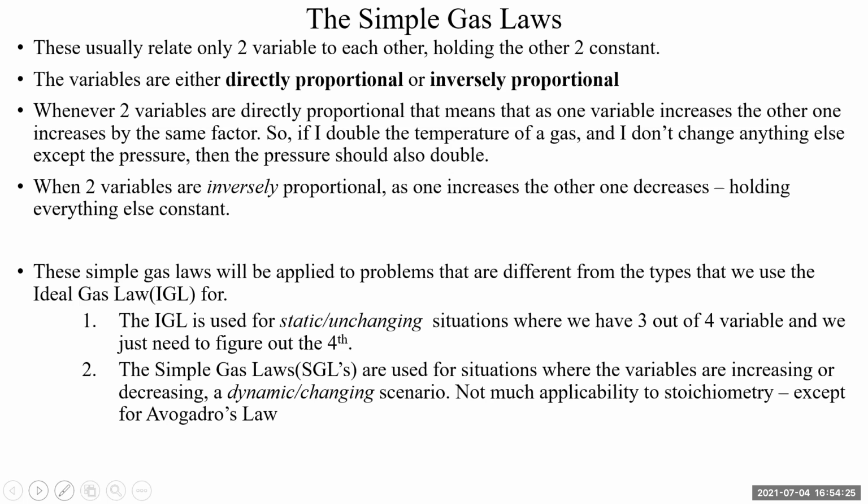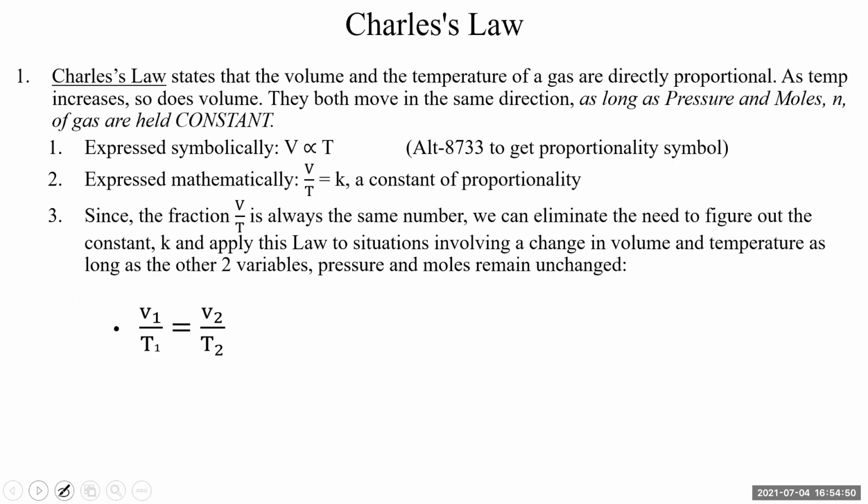Whereas in the ideal gas law, all the variables were maintained at the same values. You just needed to find out one of the values that was missing. So these are different scenarios, and you can generally tell whether you need to apply the ideal gas law versus the simple gas law, depending on whether things are changing or whether you're simply trying to figure out the unknown variable given 3 constant and known variables.